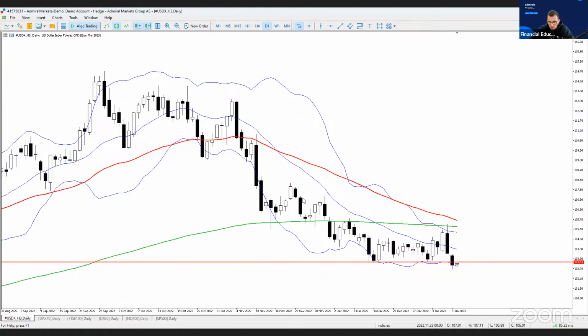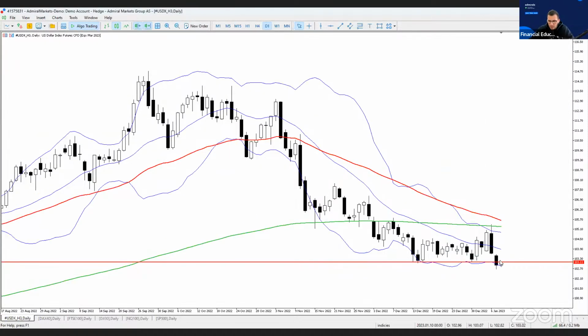However, there are many traders who do that. It doesn't match my trading style, so I don't do this. And today, ideally, we want to see some trend continuation in this price action to the short side.